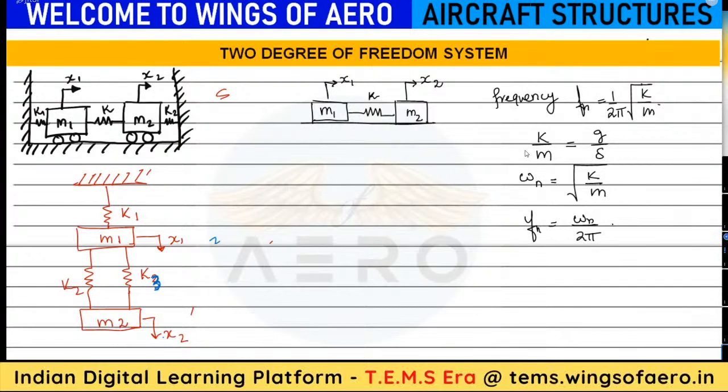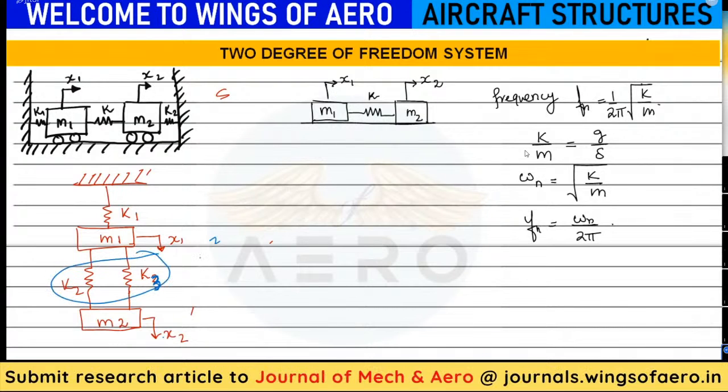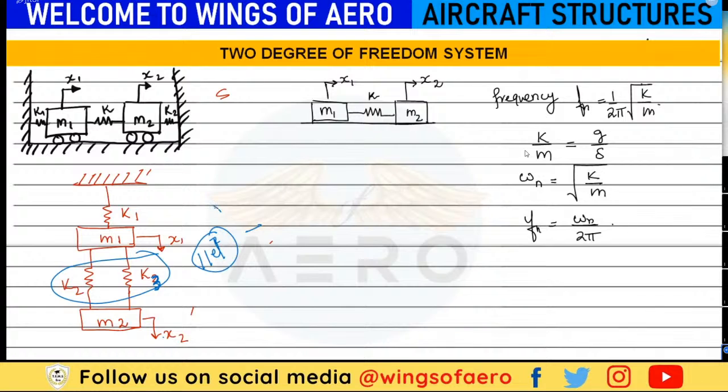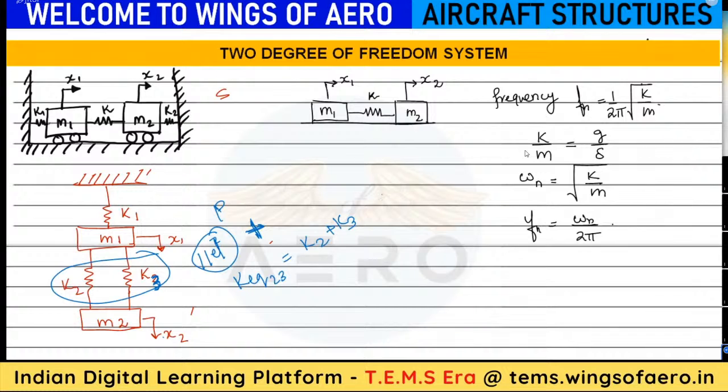Ma'am, we can just try to reduce it, like the equivalent stiffness. Very good. This system is a parallel one. Parallel means we use addition. We add the equivalent of 2 and 3, that is K2 plus K3.